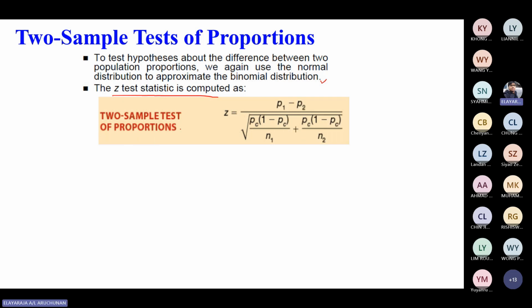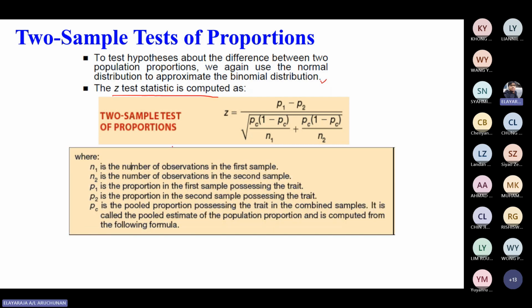So for the two sample test of proportions, z equals p1 minus p2 over the square root of pc times (1 minus pc) over n1, plus pc times (1 minus pc) over the size of sample 2. This pc is denoted as the pooled proportion.